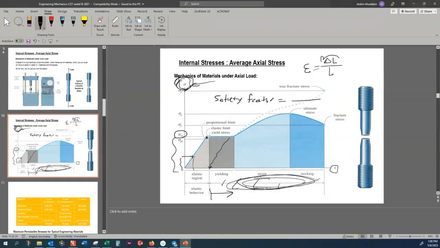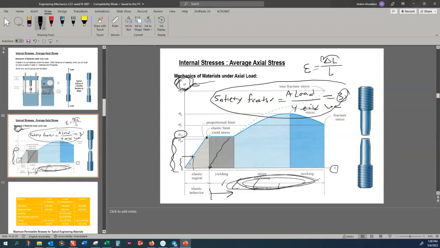that is the applied load divided by the yield load. So if this load is 1/3 of the yield load, then the safety factor is equal to 3. That means this is a very safe structure. The larger the safety factor, the safer.